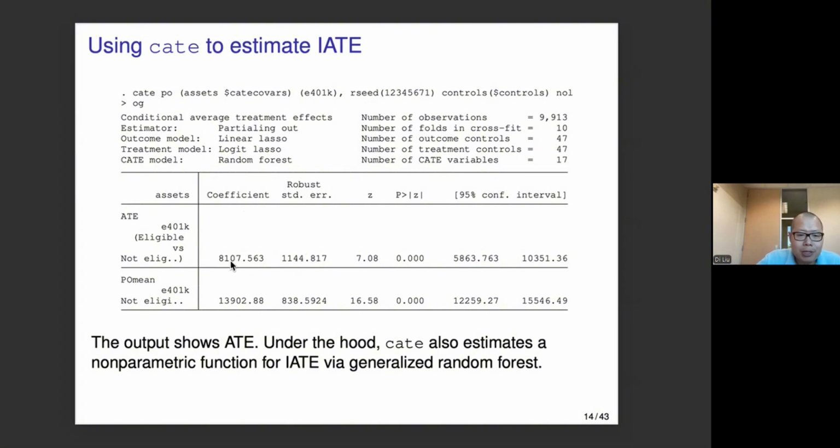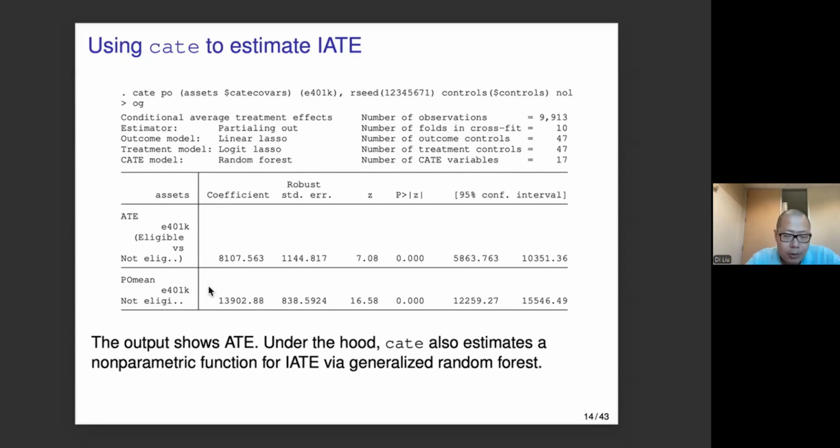We can interpret it as a regular ATE: working for a company which offers 401k will, on average, increase your assets by $8,107 compared with working in a company which does not offer 401k services.